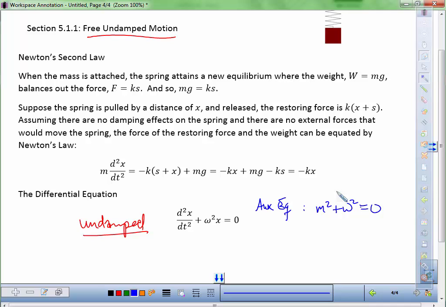But the other nice thing about this is that not only do you have complex conjugates, but there's no real parts in these complex conjugates. So if you solve for this, you get m squared is equal to minus omega squared. So m is equal to plus or minus omega i.